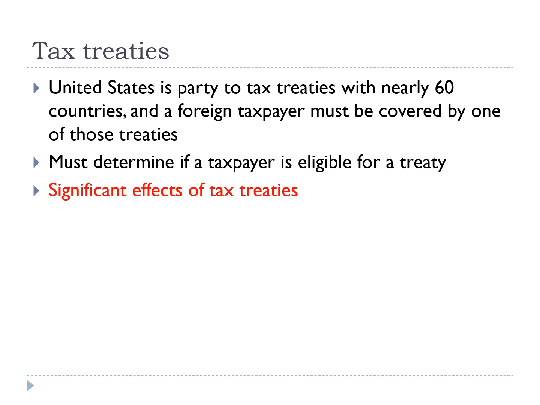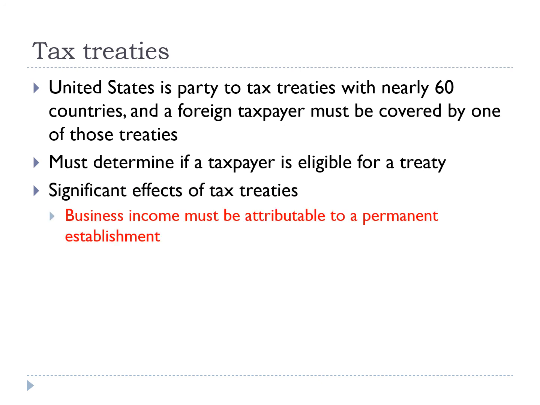The most significant effects of a tax treaty are as follows. Business income must be attributable to a permanent establishment in the United States before it is taxable. This is a higher standard than the one discussed earlier, requiring business income to be effectively connected with a U.S. trade or business.